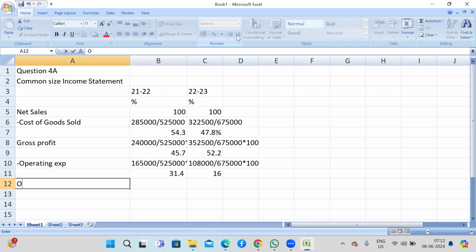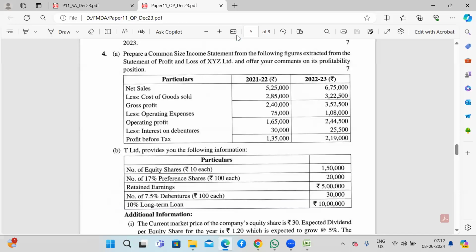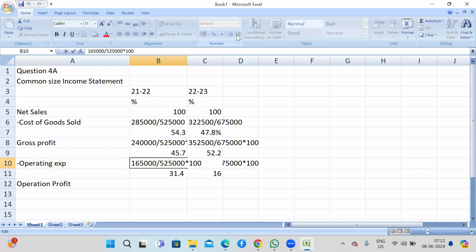So here we will be getting operating profit. Gross profit minus operating expenses, it is operating profit. Just a second, sorry, this is operating profit amount I have put it here.